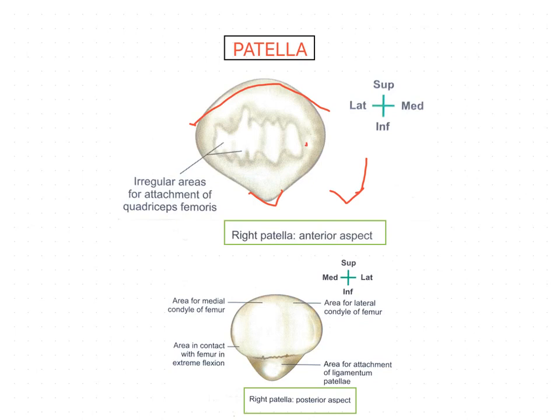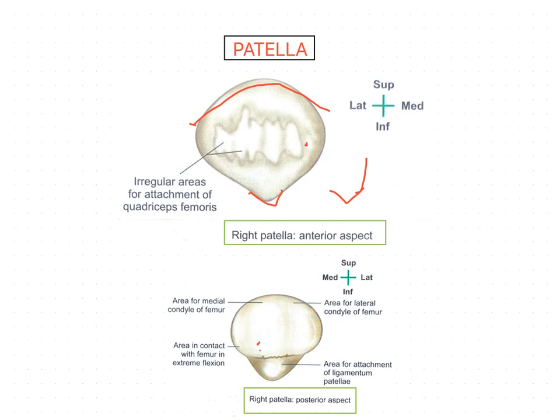The upper 3/4 of the posterior surface is smooth and articular. So on the anterior aspect you can find some irregular areas for the attachment of muscles. That means the anterior surface is rough, and in the posterior surface, the upper 3/4 is smooth and also articular.